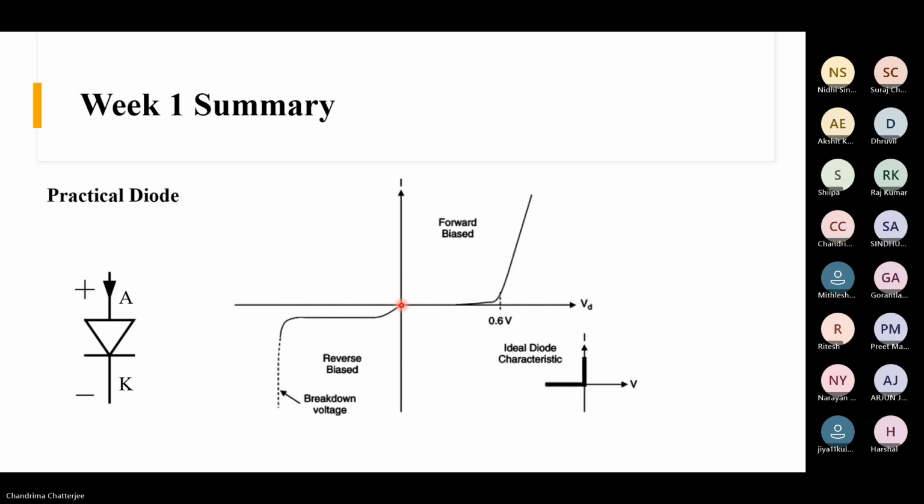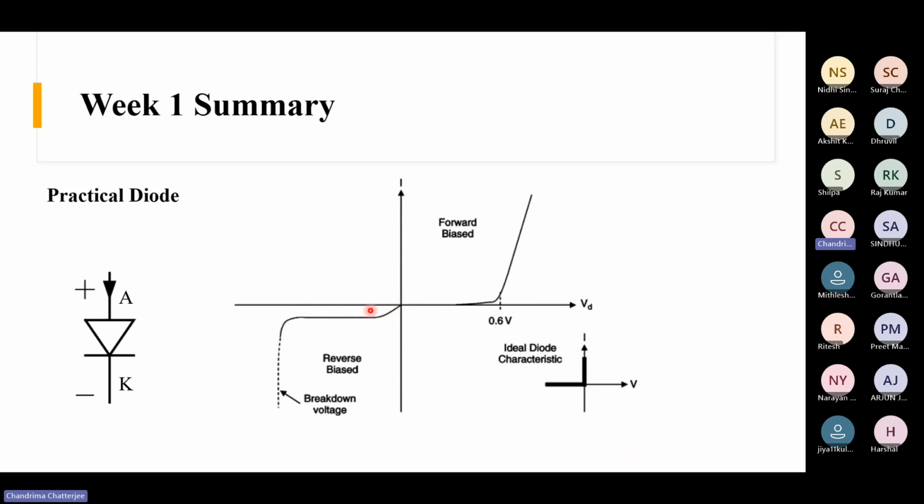Actually, in the reverse direction, we can't really comment. The threshold voltage concept is only in the forward bias direction. Even though it is shown like this, it is kind of an exaggerated version, so the current is not this much.